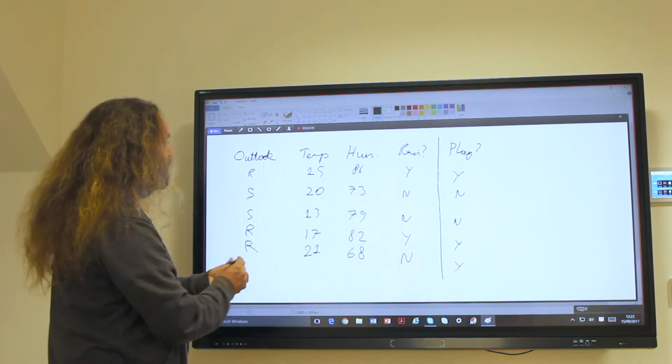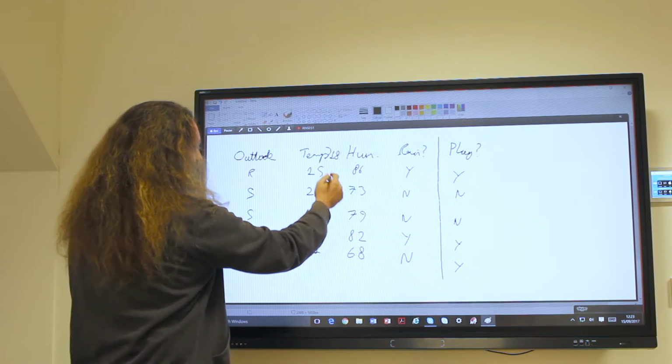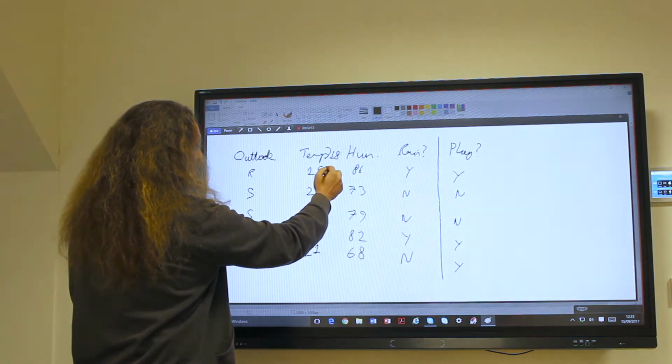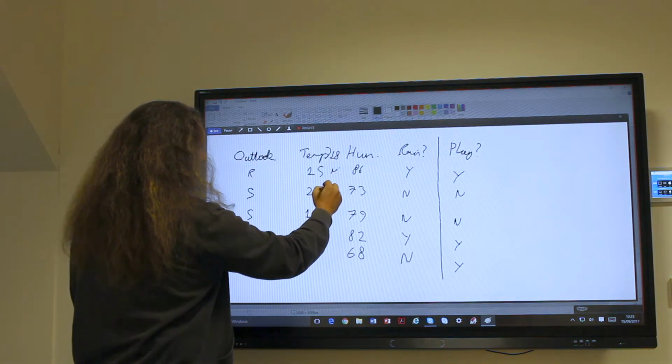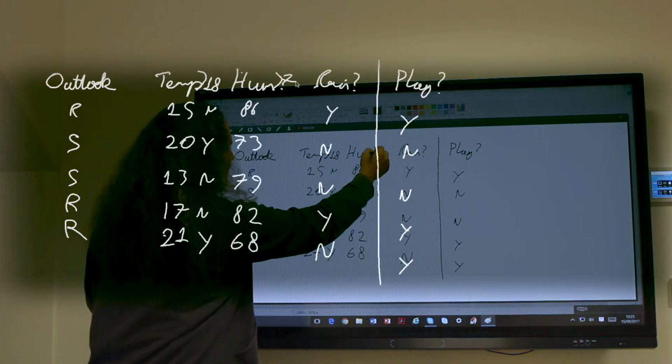But let's imagine that we've discovered that the temperature being over 18 is a useful factor somehow, and so that is no, yes. And we discovered the humidity being over 75.